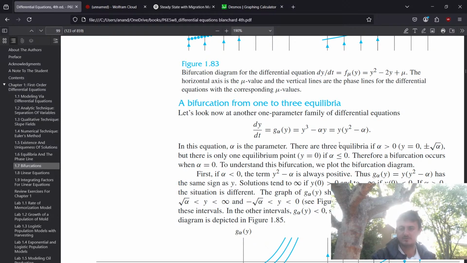Okay, so we have 3 equilibria if alpha is greater than 0. But there's only one equilibrium point if alpha is less than or equal to 0.